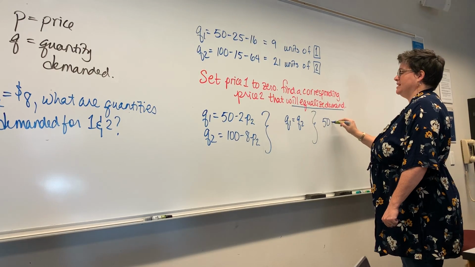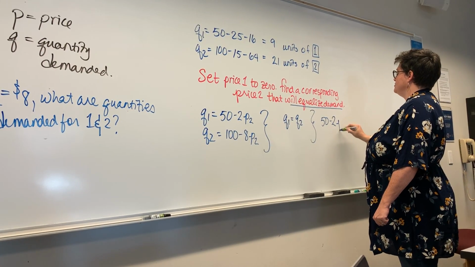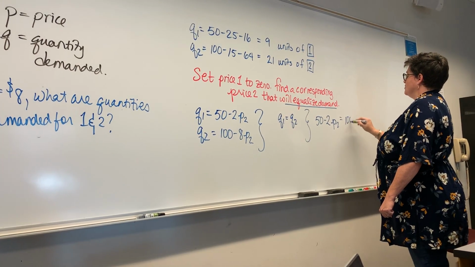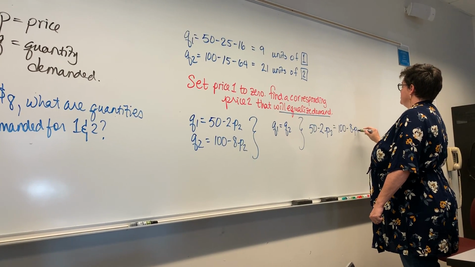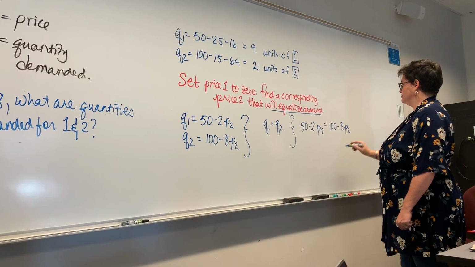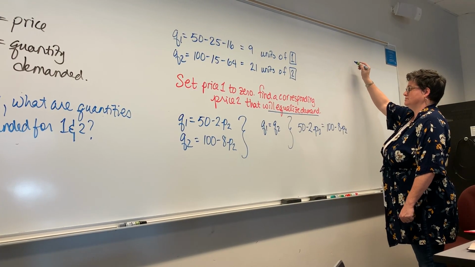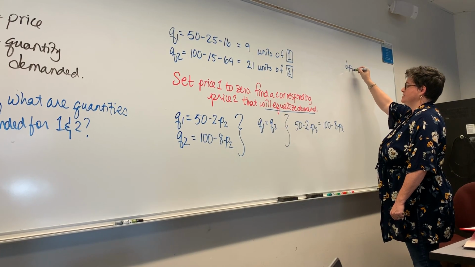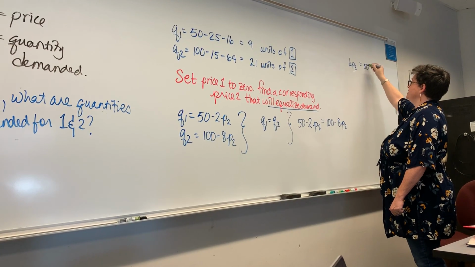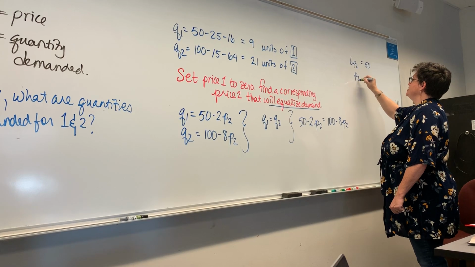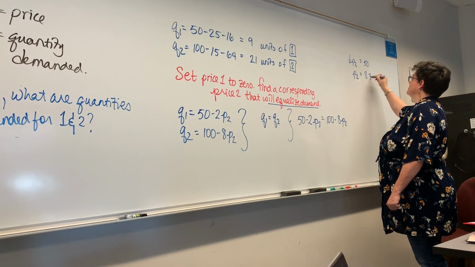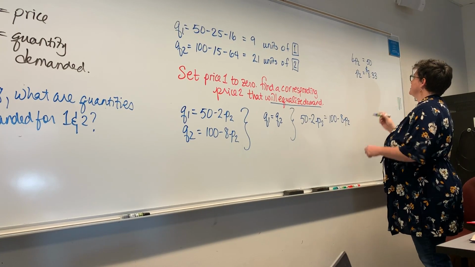So now 50 minus 2P2 equals 100 minus 8P2. And now we get 6P2 equals 50. P2 equals 8, approximately 33 cents.